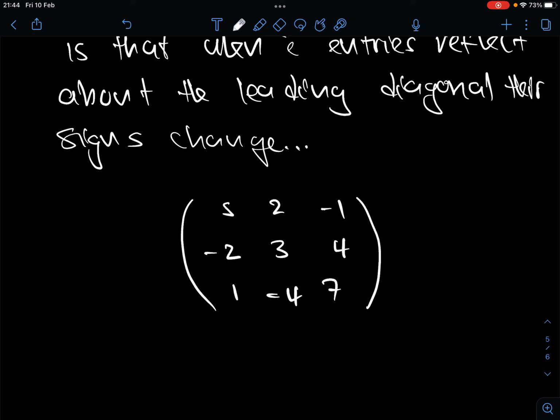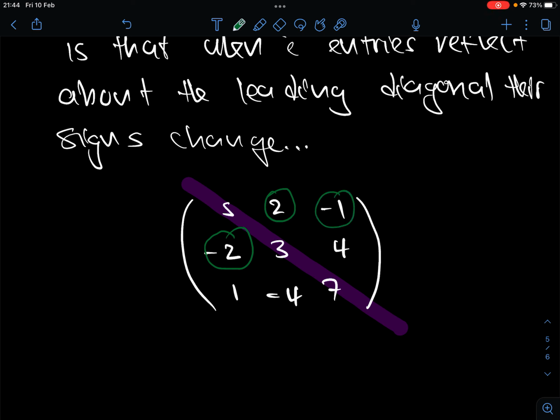If we highlight here in the leading diagonal, you will see that the number 2 seems to have reflected, but on this side the sign is negative. Also, the number 1 seems to have reflected, but now the sign is positive on the other side. So even 4, the sign also has changed.